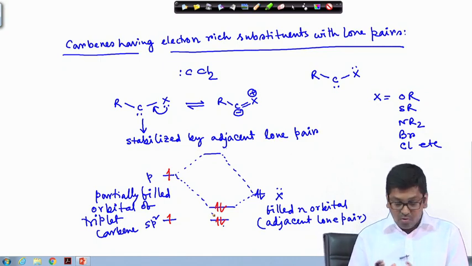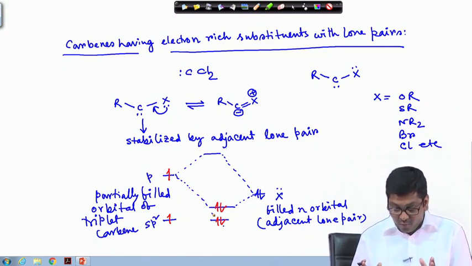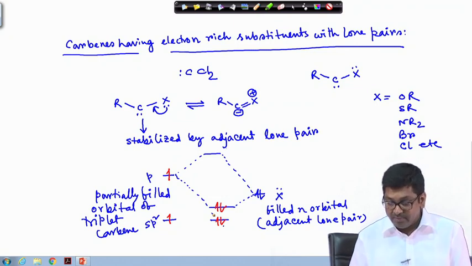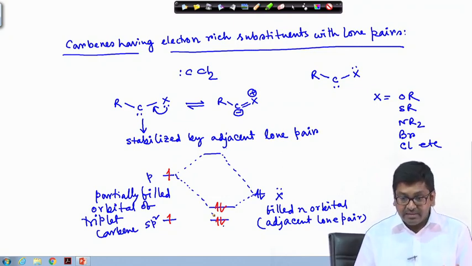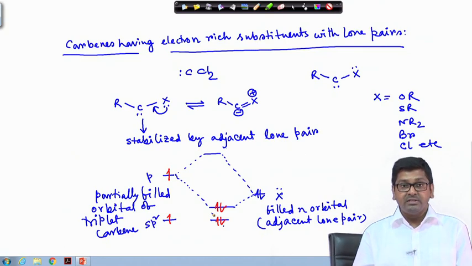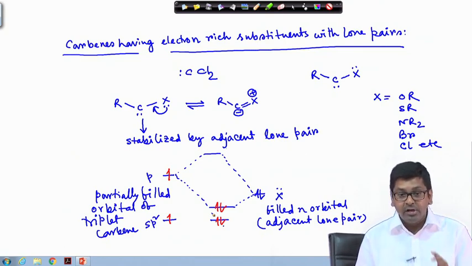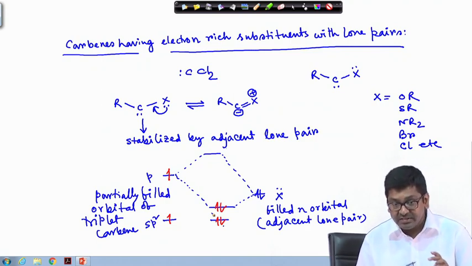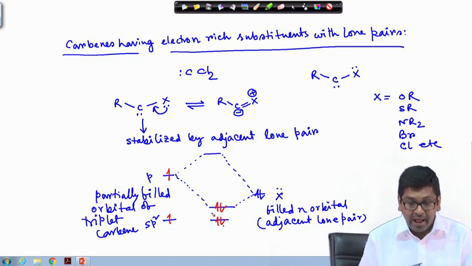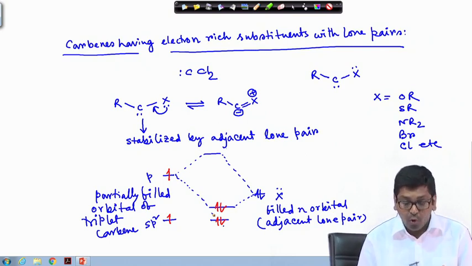Clear? So, the overall view of this particular type of carbenes is that when there are sigma electron donating substituents, then that is actually lowering the gap between the sp2 and p. So, overall the energy difference is decreasing between them, and as a whole it remains as a triplet.